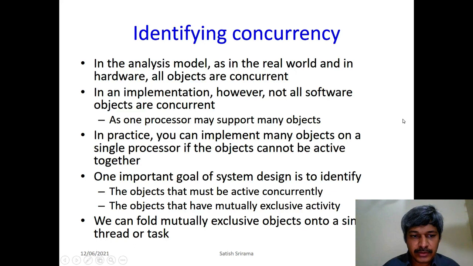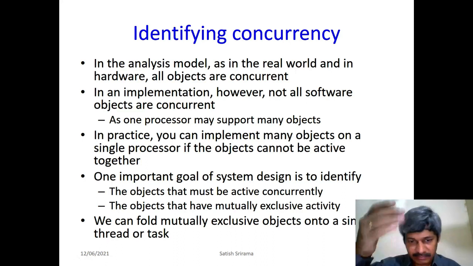In practice, you can implement many objects on a single processor if the objects cannot be active together. If you are running several objects in a single processor, you are executing them in some order, so the objects are not active together. Only then can you run multiple objects on a single processor.